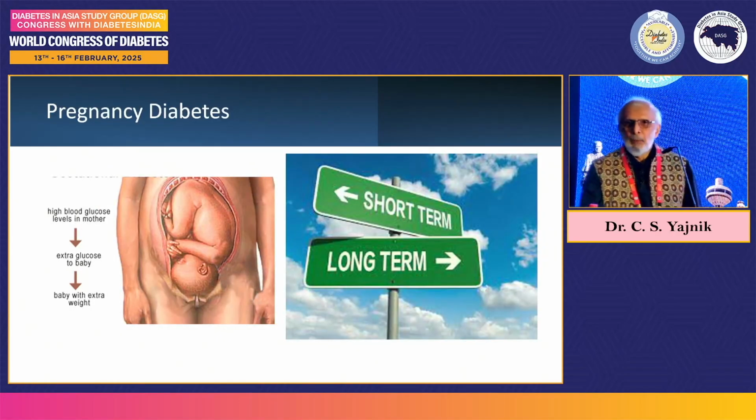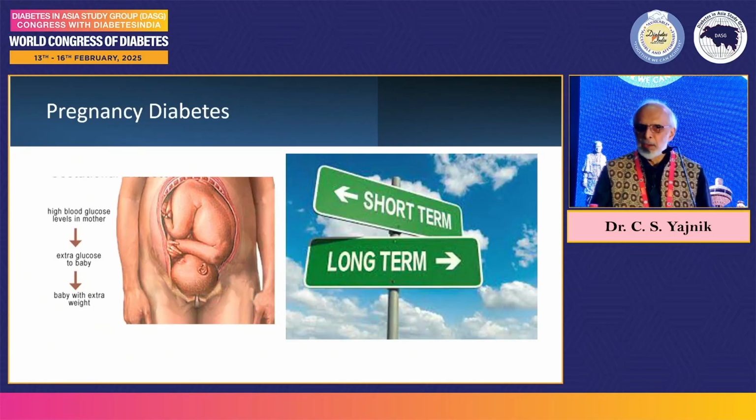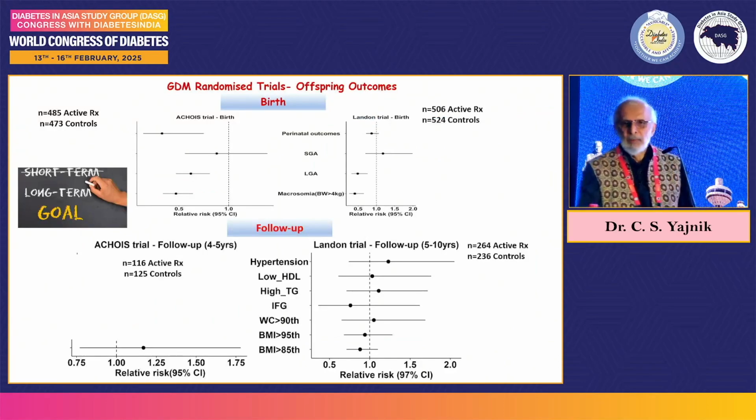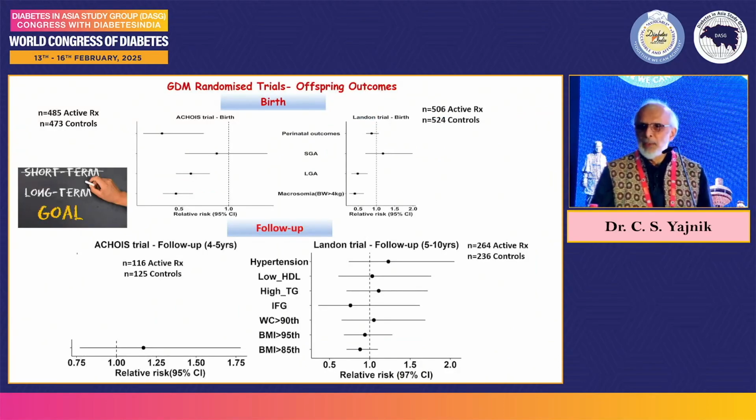So therefore, how does it affect the long-term outcome? As I said, I am a DOHAD person, Developmental Origins of Health and Disease, Barker's theory, and therefore I look at long-term outcomes. So I searched the literature: is there any evidence that treating gestational diabetes as we do it today prevents obesity or diabetes in the child?